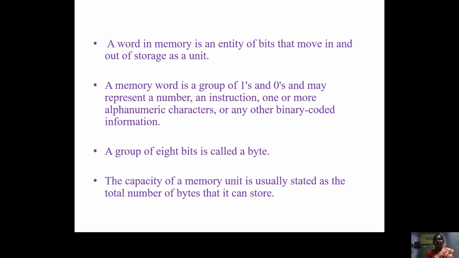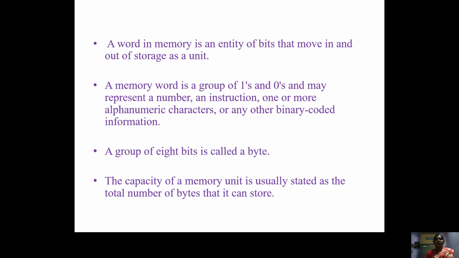A memory word is a group of ones and zeros, which is nothing but the binary information, and may represent a number, an instruction, one or more alphanumeric characters, or any other binary coded information. Here the memory is able to hold any of these things.